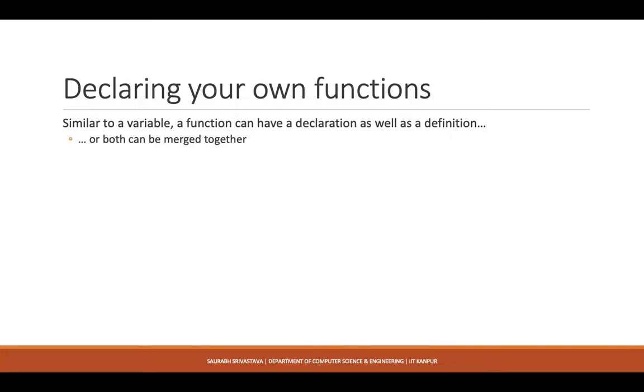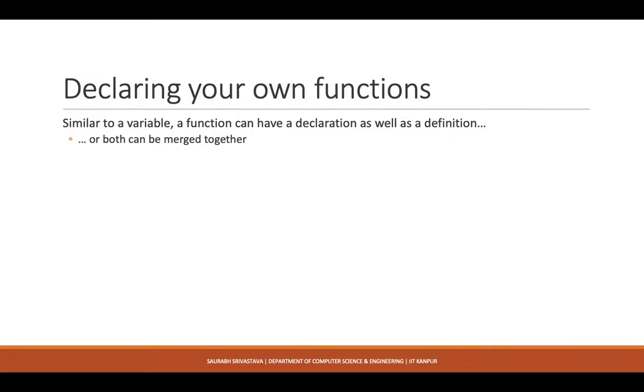When you start with creating these custom functions, probably the first thing that you should look at is the function declaration. Similar to declaration of variables, functions can also be declared as well as defined, and the declaration and definition can also be merged.